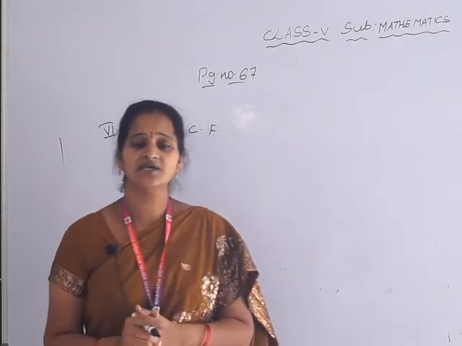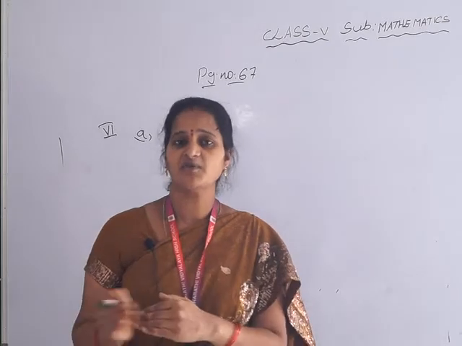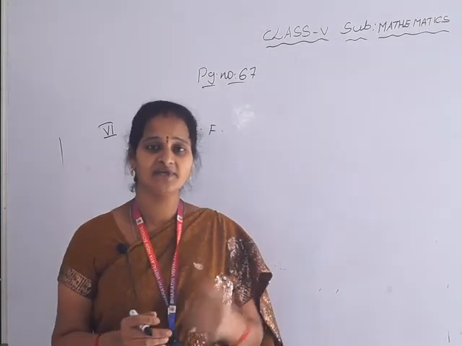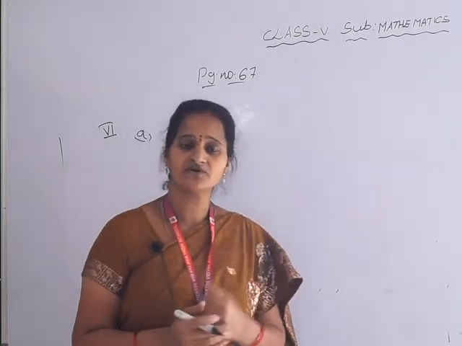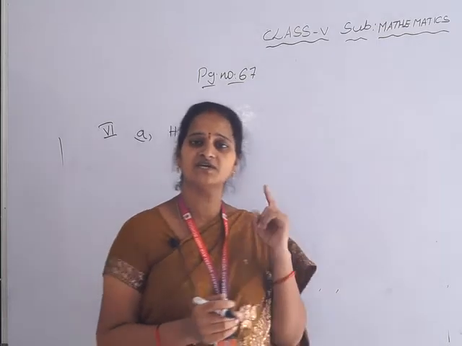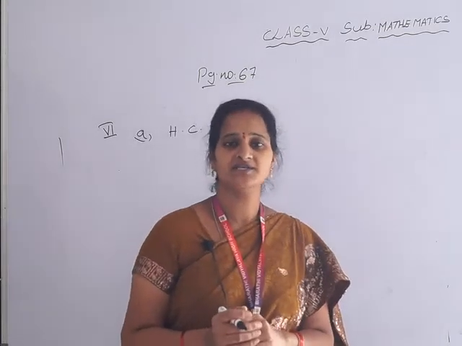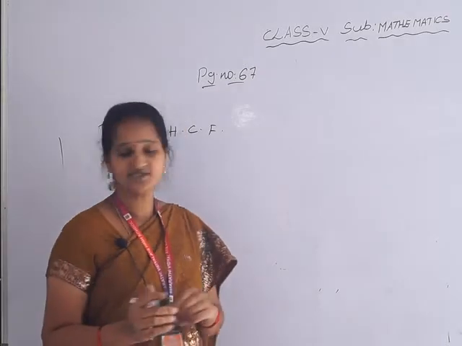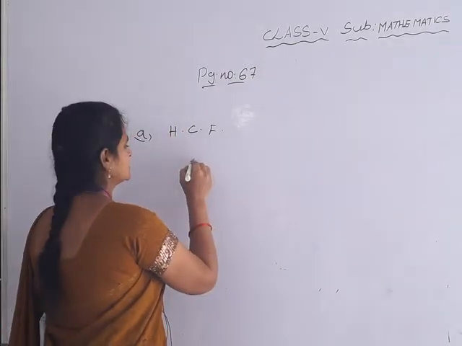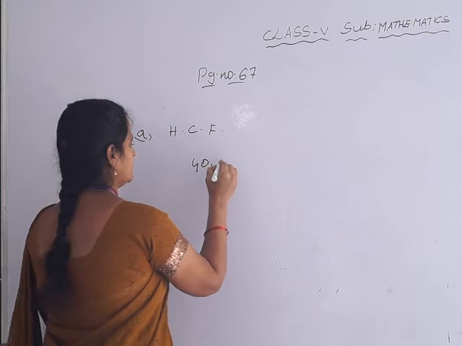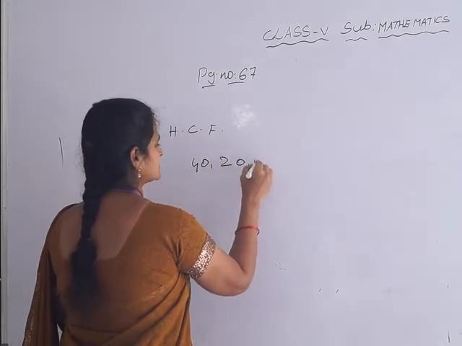In the previous problem we found the factors for only one given number. But here, how many numbers are given? Three numbers: 40, 20 and 10.